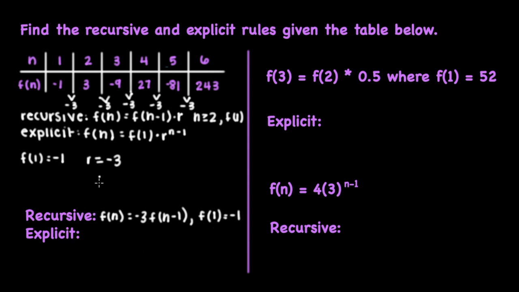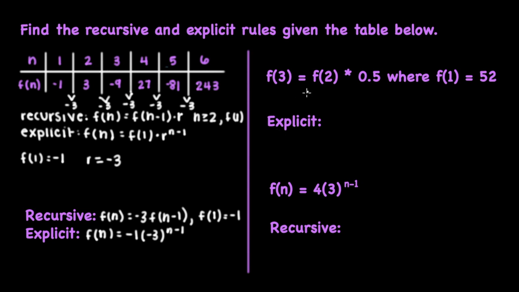And for the explicit rule, we have f of n is equal to negative 1 times negative 3 to the n minus 1. And that is the recursive and explicit rules for this given table.